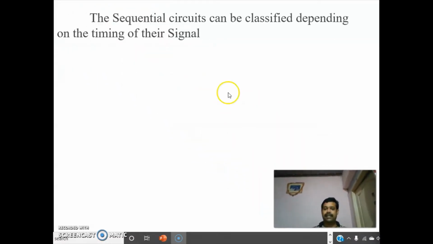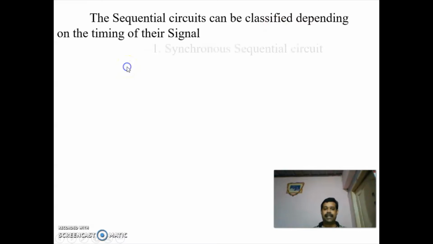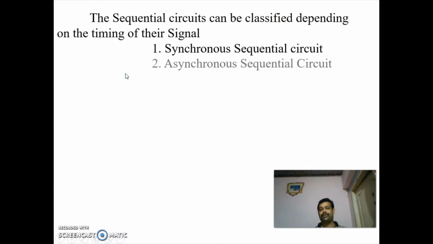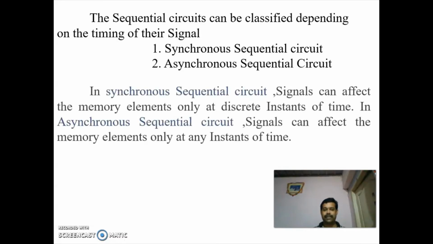Once again, the sequential circuit can be classified depending on the timing signal. There are two types: synchronous sequential circuit and asynchronous sequential circuit. In synchronous sequential circuit, the signal can affect the memory elements only at discrete instants of time. Discrete instant of time means whenever you are applying clock, the output can change.